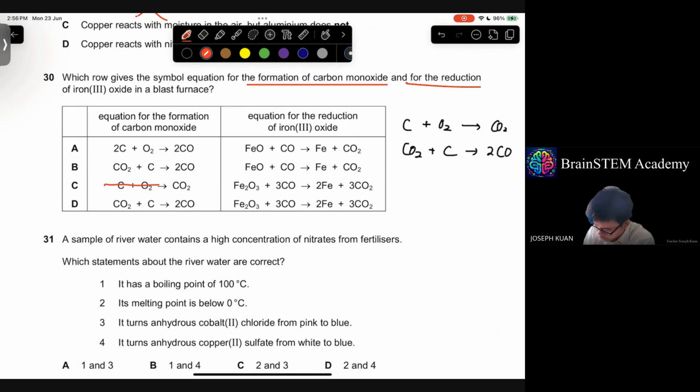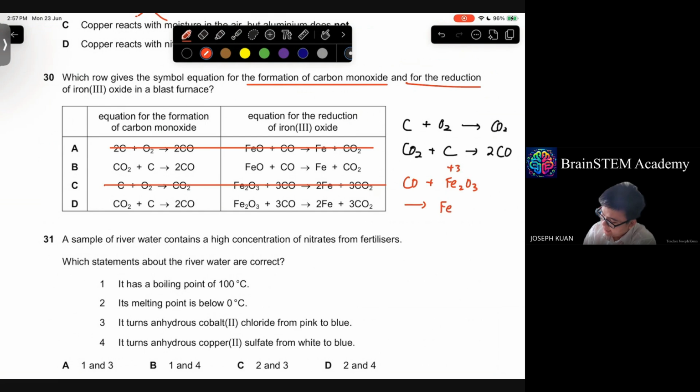So the equation should be, let's see here, not A or C, it should be B or D. Then this carbon monoxide acts as a reducing agent, which helps to reduce iron(III) oxide to pure iron. So the answer is D for donkey. B is wrong because the formula here is wrong. This is iron(II) oxide, not iron(III) oxide.